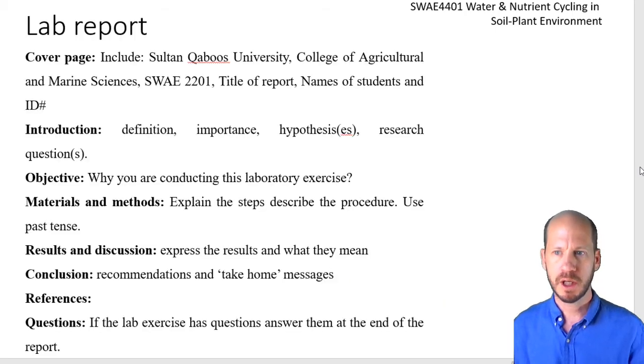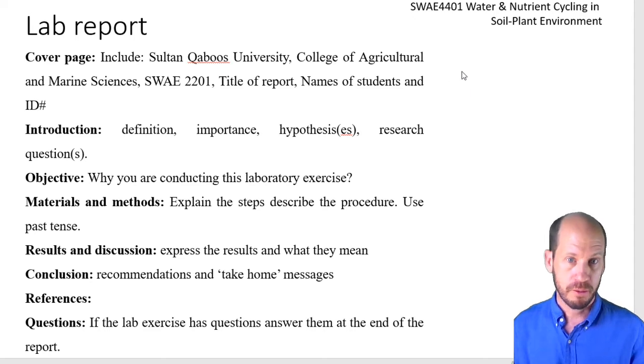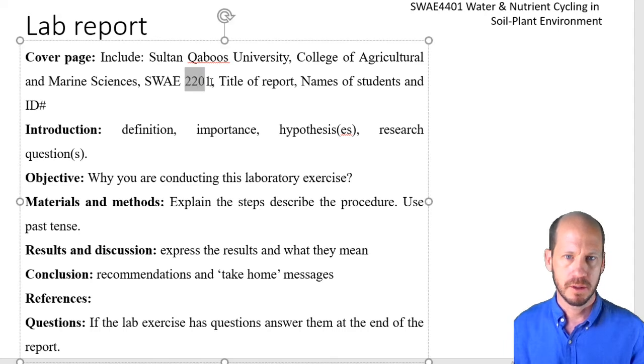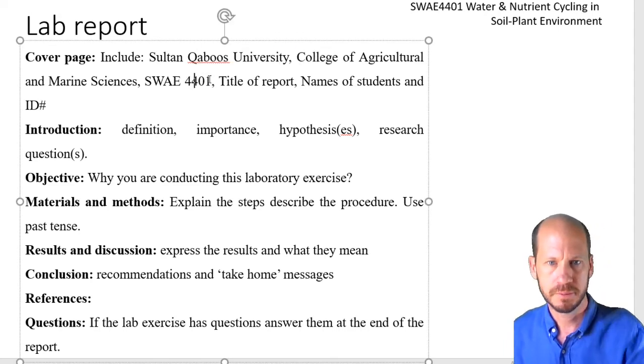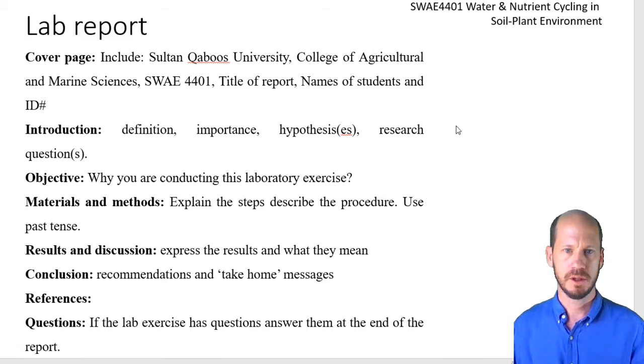So what should be contained in the lab report? First of all, a cover page, which is standard. Nothing new about that. The only thing new is this is for 401, this course. The title of the report, names of the students, and ID.